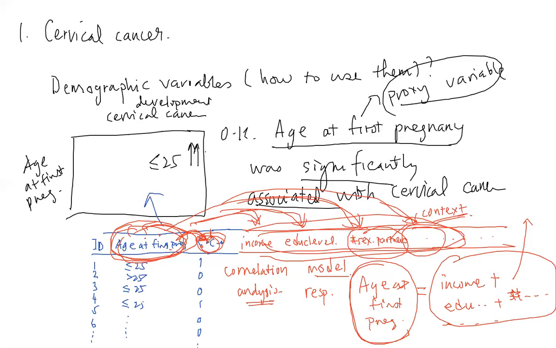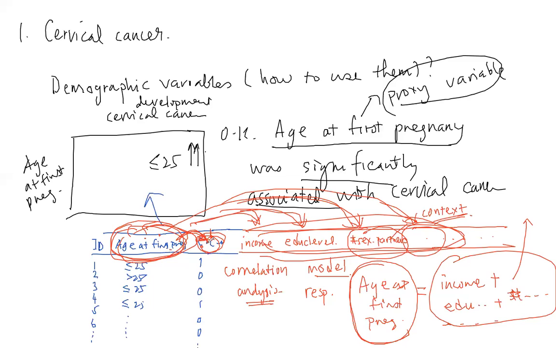That's because the earlier somebody has a sexual encounter, if they encounter someone who actually carries the human papilloma virus, HPV, then they actually live with the virus for a longer time.